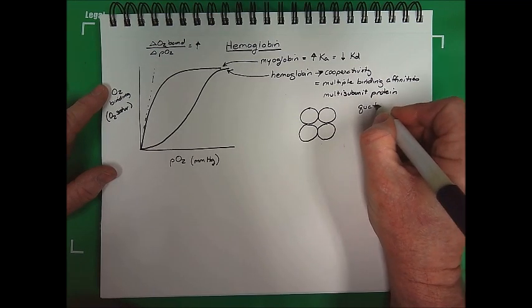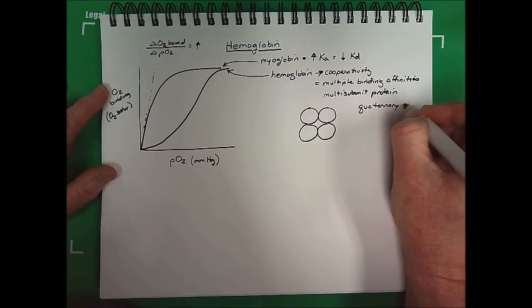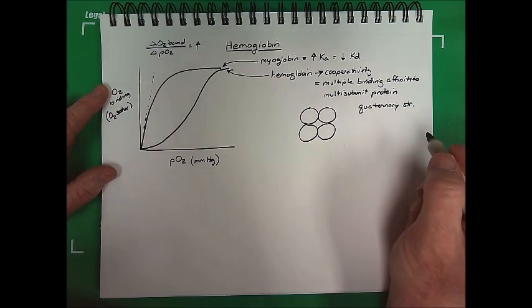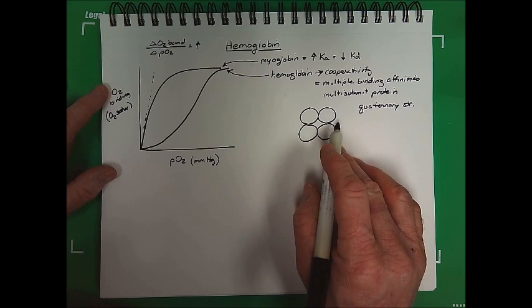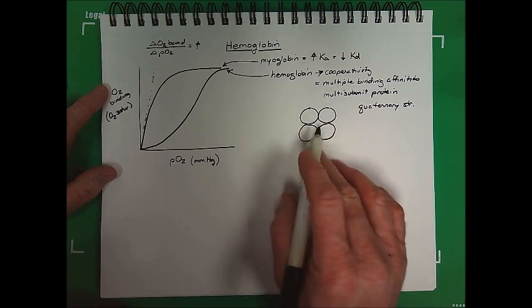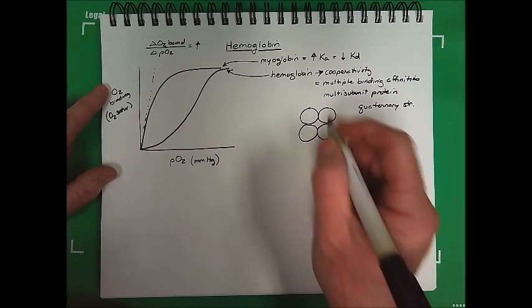Recall, this is called quaternary structure. We have 4 monomeric proteins, all in their tertiary conformations, that have come together to form a heterotetrameric complex. That's quaternary structure.